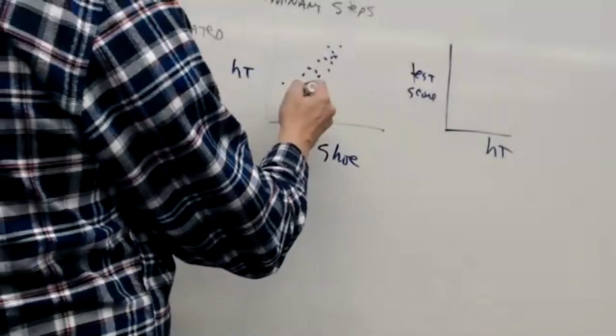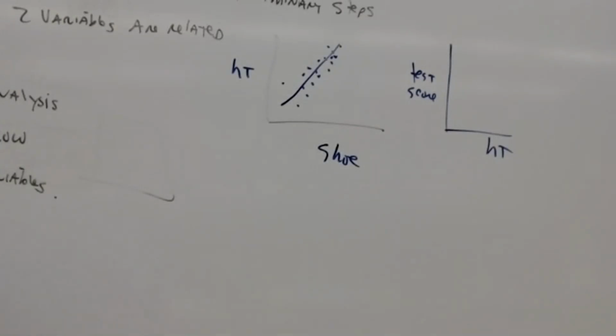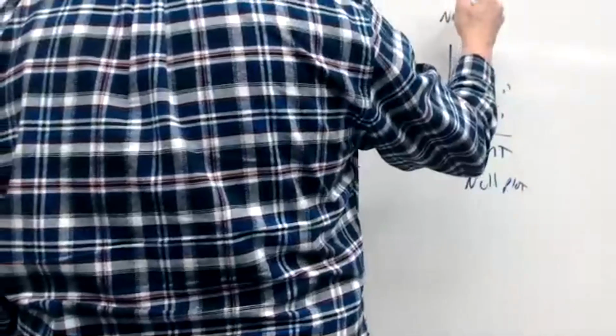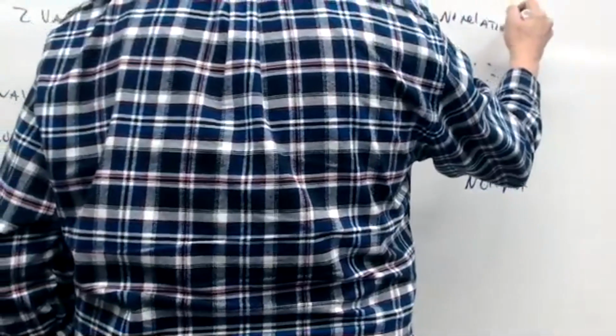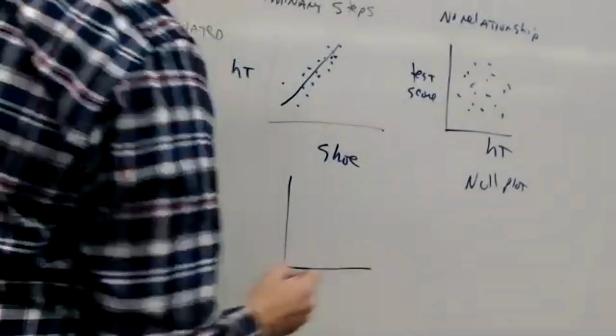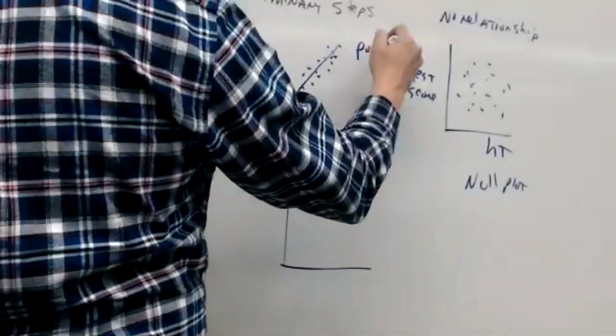With this shoe size, you can kind of see there's a straight line relationship, okay? With this, you might see no relationship. This is what we would refer to as a null plot, indicates no relationship. Okay, now this one we could say is a positive linear relationship.